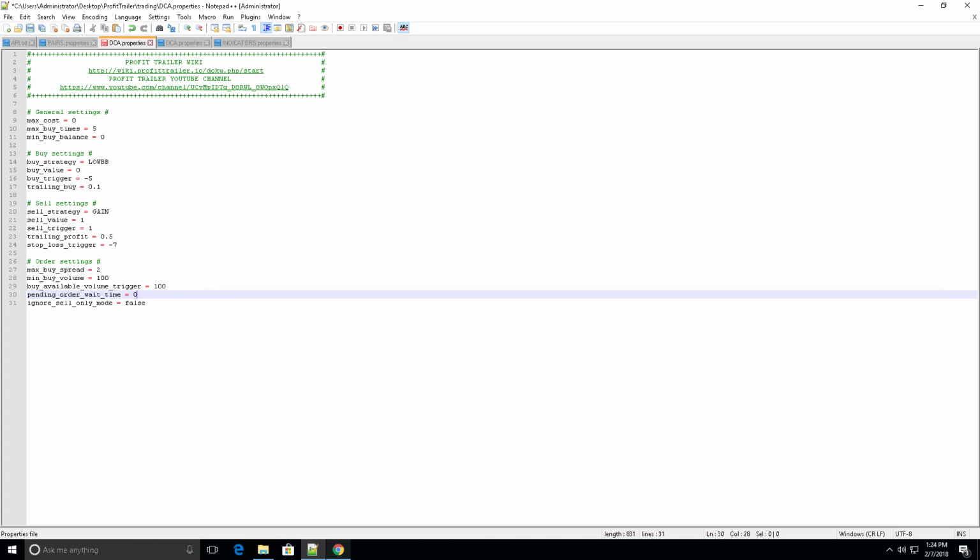You buy NEO and NEO is tanking in price, really falling down, and let's say you are at a 50% loss in NEO, and it's going to take a long time for NEO to recover the 50% that it lost for you to break even or even make profit on that order. So this allows you to put NEO into the pending log, so that ProfitTrailer can look for other opportunities in NEO to buy and trade when it's settling down at the new base.